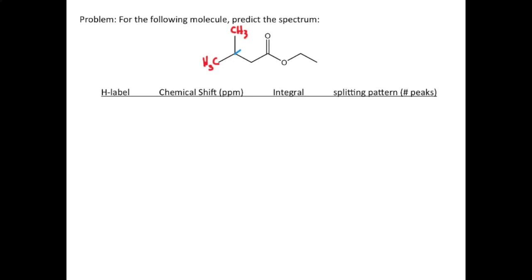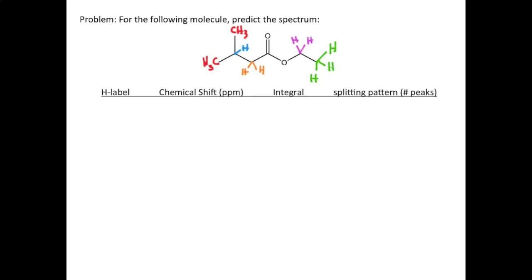We do have a hydrogen there. We'll put that in blue. Followed by that, 2 hydrogens we have in orange. On the other side of the molecule, 2 more hydrogens in purple, and then finally 3 more hydrogens in green.